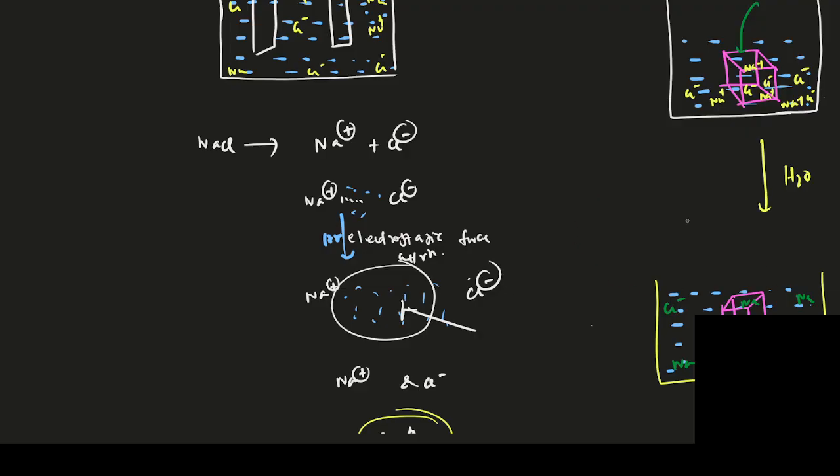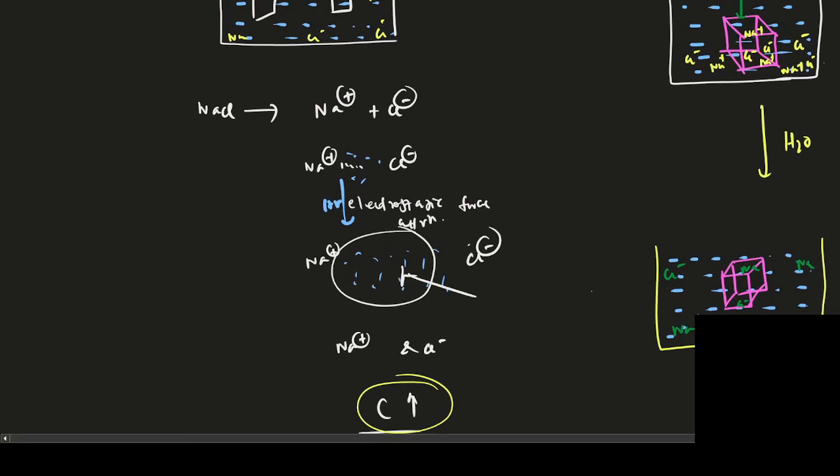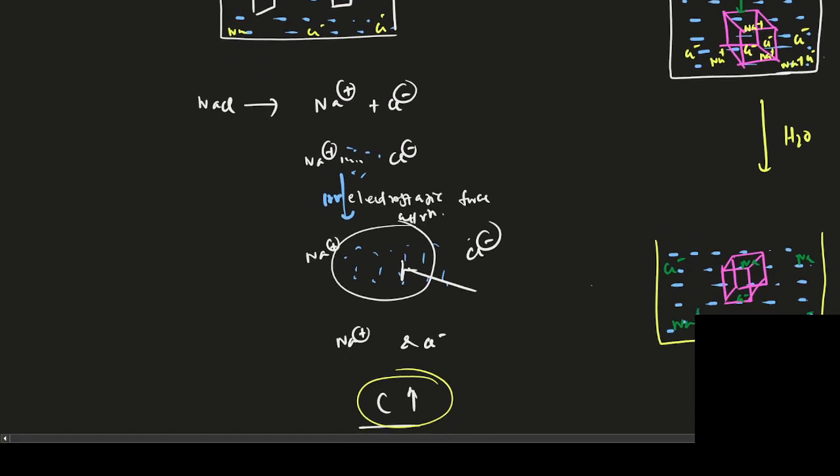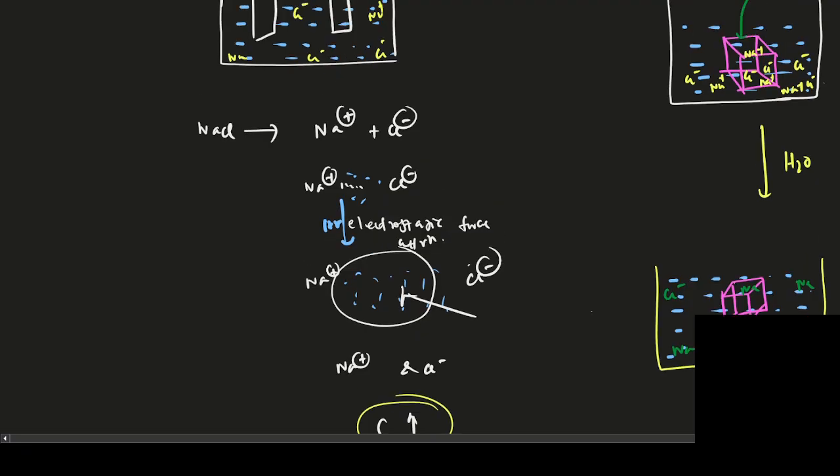So here what happened is that after adding water, the attractions between the ions decrease because water molecules came in between. But within this 1 ml of solution, the number of ions, meaning the density, decreases.